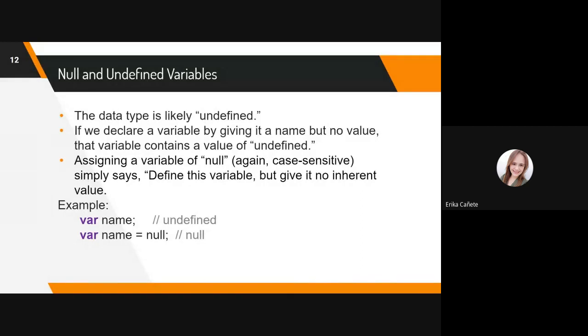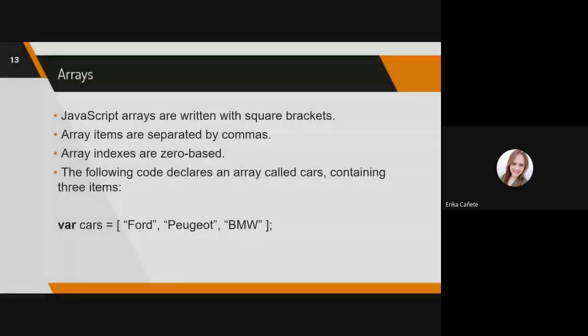So in the first example, var with a variable name is an undefined variable, because it has no value. The other one is a variable with a variable name and the value null, which sets the variable to no inherent value.